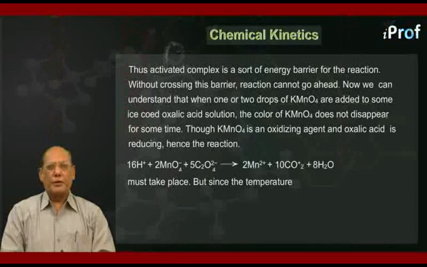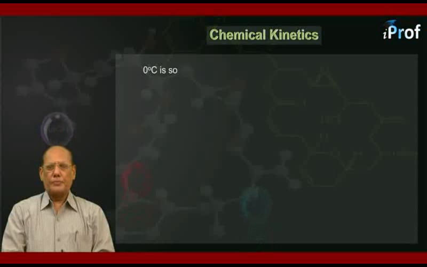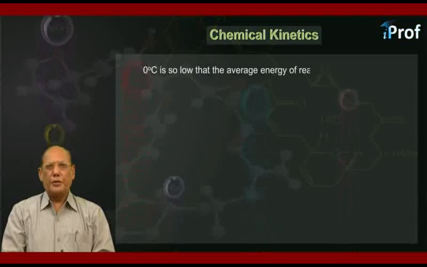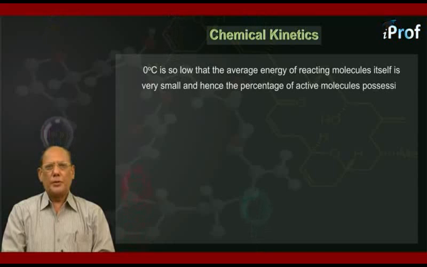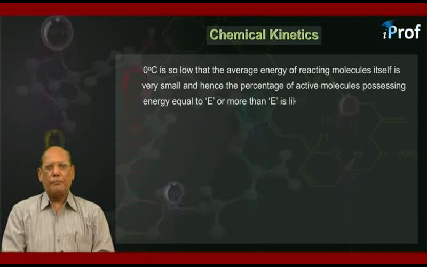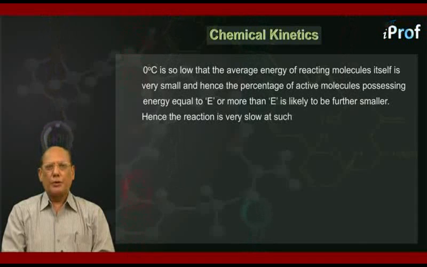But since the temperature 0 degree Celsius is so low that the average energy of reacting molecules itself is very small, and hence the percentage of active molecules possessing energy equal to E or more than E is likely to be further smaller. Hence the reaction is very slow at such a low temperature.